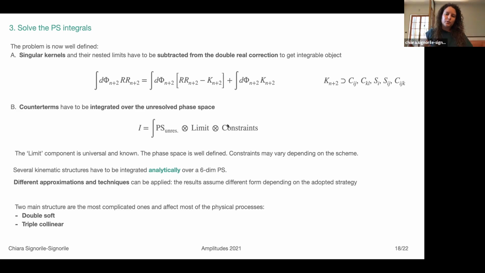So the main structure for this integral is the following: a phase space integral over the unresolved partons, a limit, and some constraints, where the limits are essentially the kernels that I showed you before, on top of other limits that arise after combining soft and collinear singularities. So these limits are universal, but the constraints and the phase space, or at least how we parameterize the phase space, strongly depend on the subtraction scheme we are dealing with.